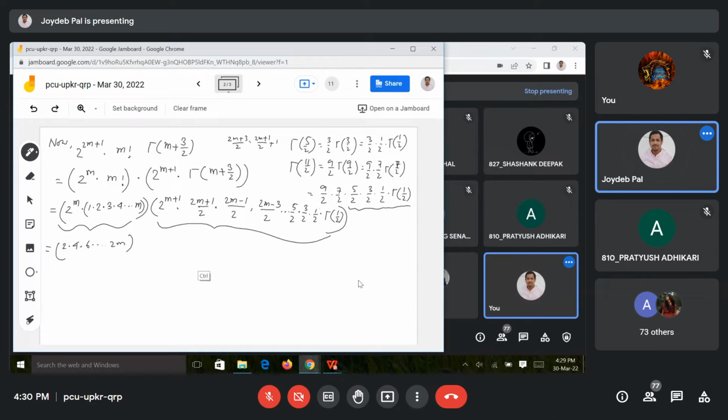After multiplying 2, it will be what? 2m plus 1, 2m minus 1, 2m minus 3, then 5, 3, 1, and so on. Right?